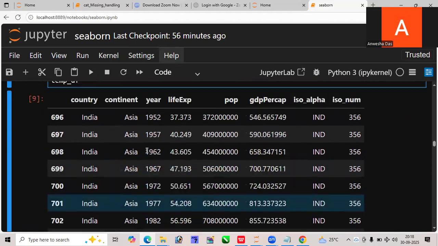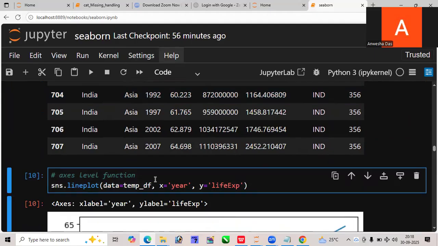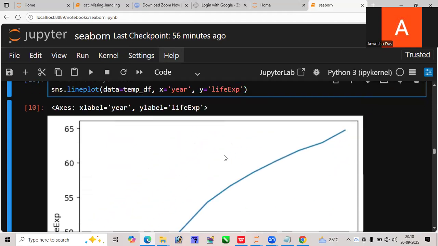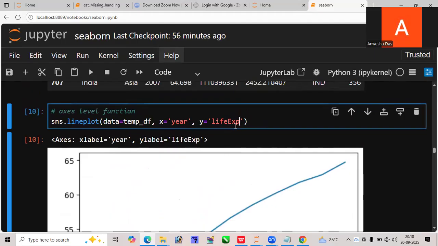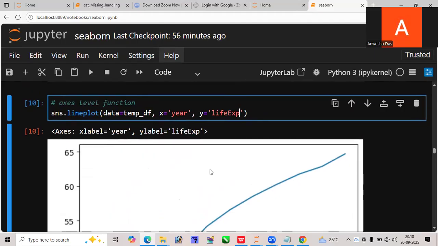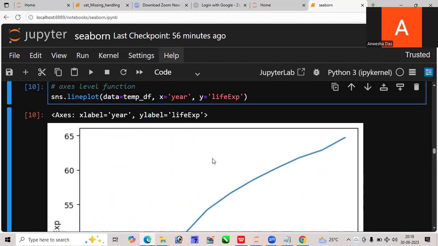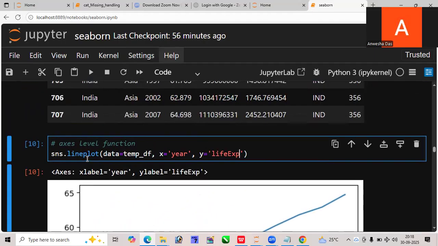Now, what is the difference between the line plot and the scatter plot? If you consider the line plot, there is continuity. In the scatter plot, the continuity was missing. But in the line plot, the continuity is there. So here I have just written sns.lineplot.